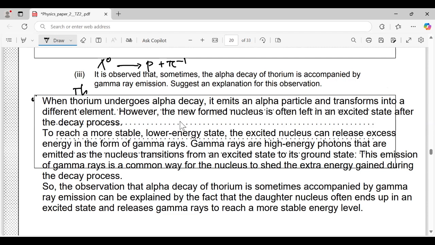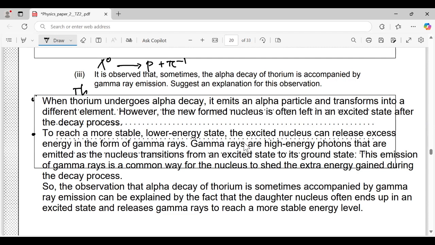However, the newly formed nucleus is often left in an excited state after the decay process. Second, to reach a more stable, lower energy state, the excited nucleus can release excess energy in the form of gamma rays.